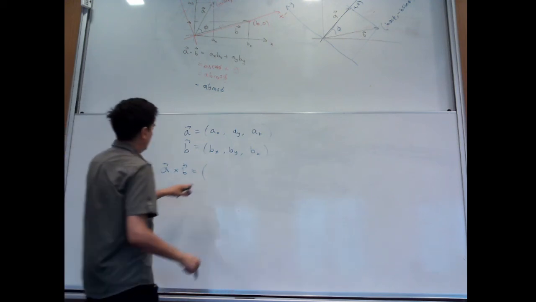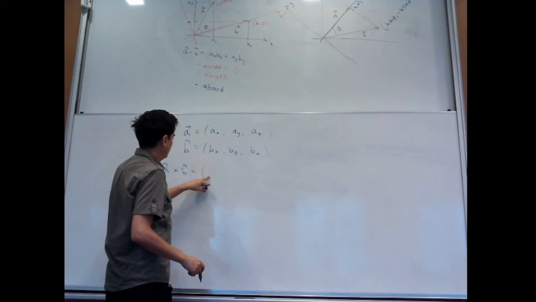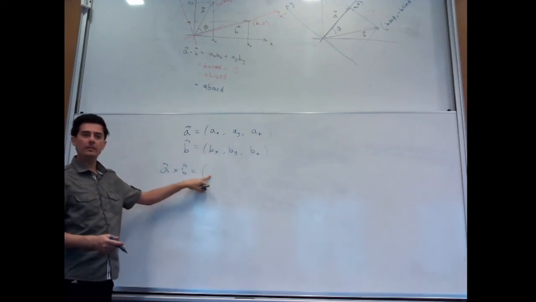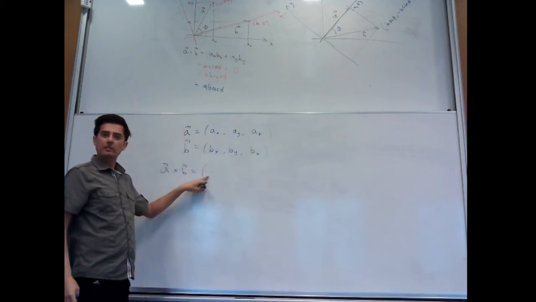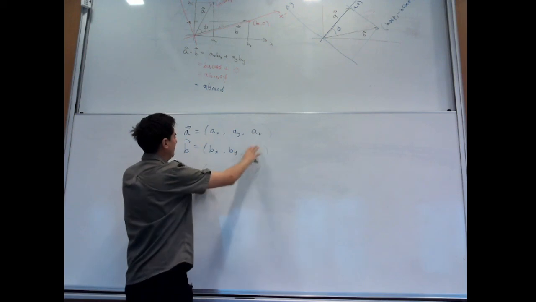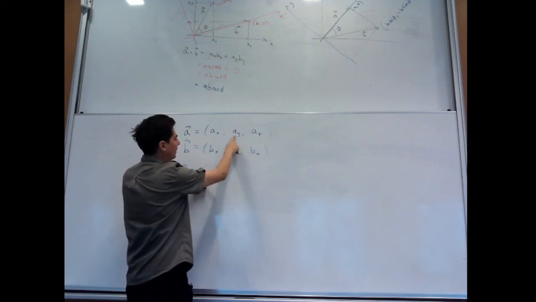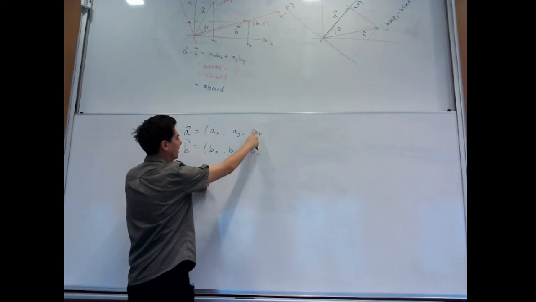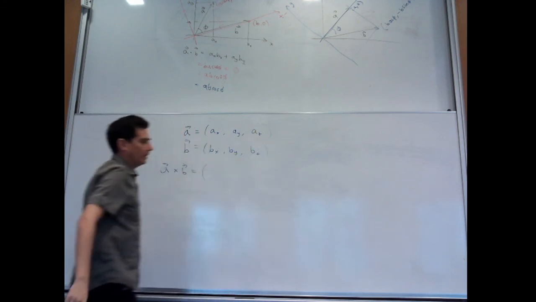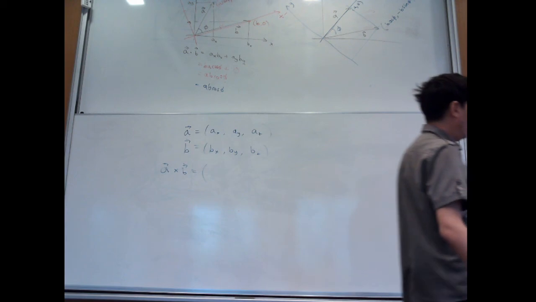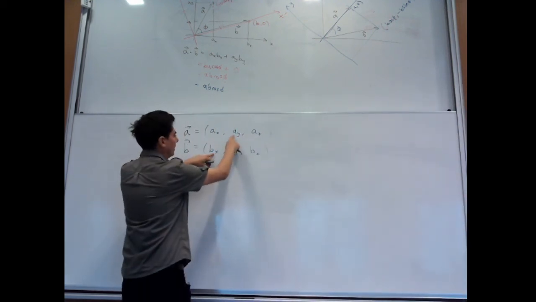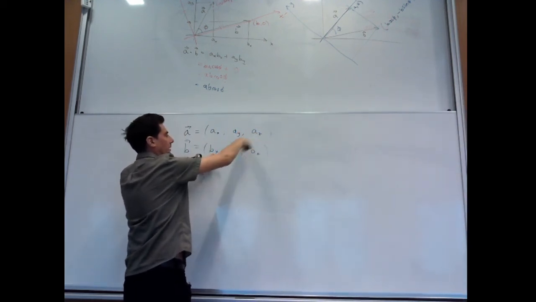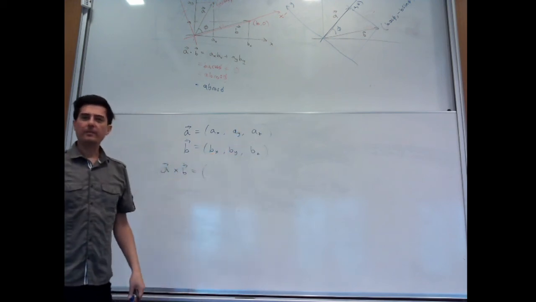So to get the x component of this resulting thing, you look at all the components which are not x. So that's these ones here. So you look at AY, BZ, and then AX, BY. And then you multiply the y and the z together, sort of diagonally, like this, and then you subtract them.